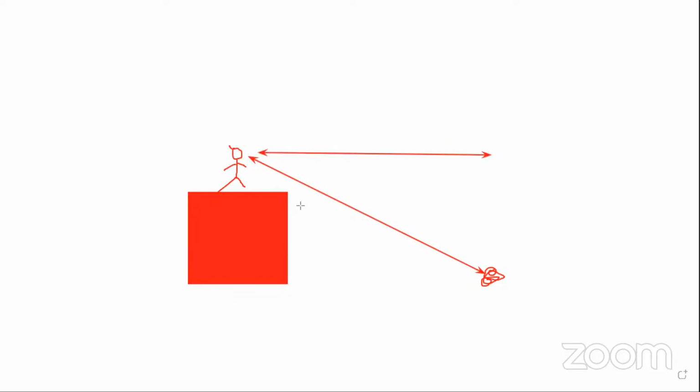I am seeing in the downward direction. Here is the object and this is my eye. I am seeing from here to here, so this is the angle actually. This is the angle between the horizontal and the line of sight. So this is called the line of sight.